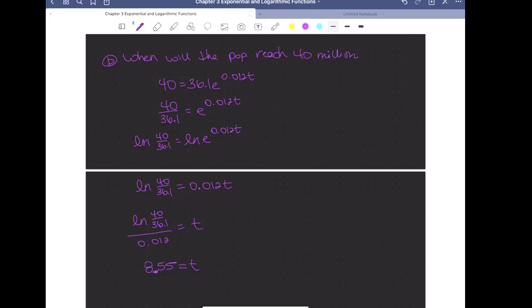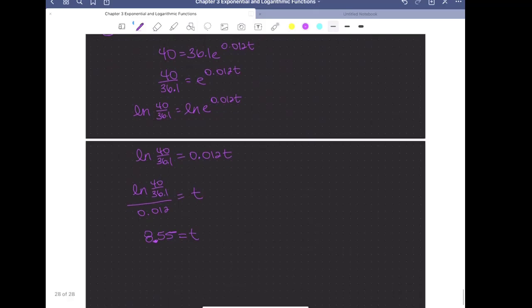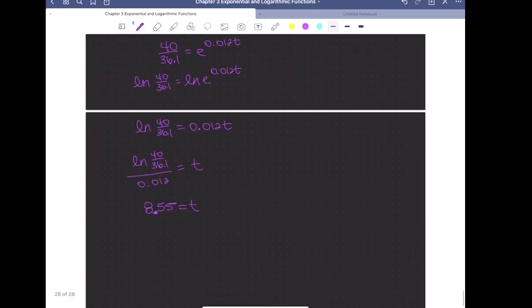So t is our time after 2005, so we need to figure out what year this is going to be. So it's going to happen in the 8th year after 2005.